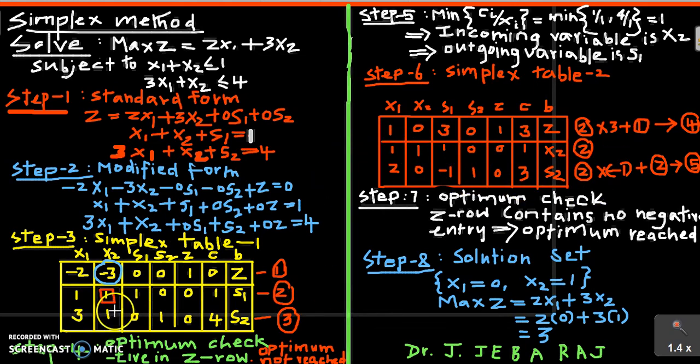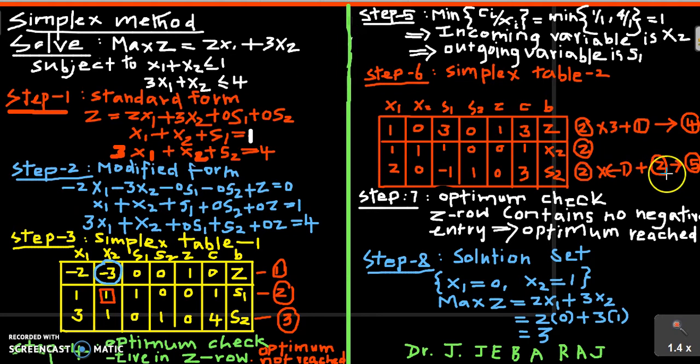Now the third equation we have to make 0 here, so multiply equation number 2 by -1 and add with 3. Here it is 3.